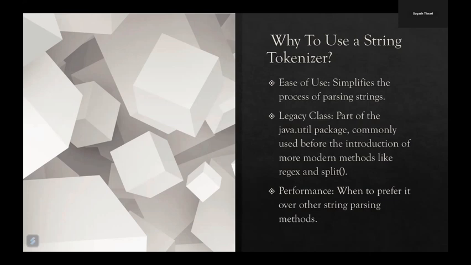Legacy class means this method was part of the Java util packages, most easily accessible to programmers writing code at that time, especially using tokenizers. And moreover, the performance of string tokenizer was very efficient for the programmers working on it.